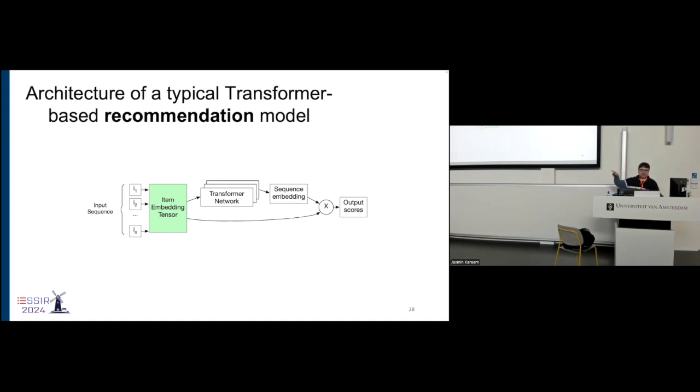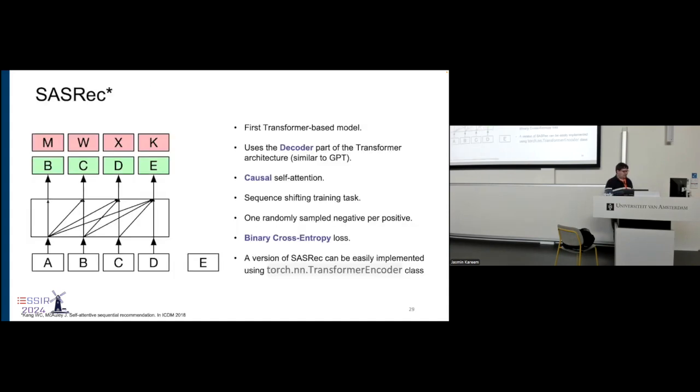Then we multiply this back by the matrix that contains hidden representations of all items, and we get an output score distribution, one score per item. Then we have some ground truth scores, and we train the model to minimize the discrepancy between ground truth scores and actual scores.